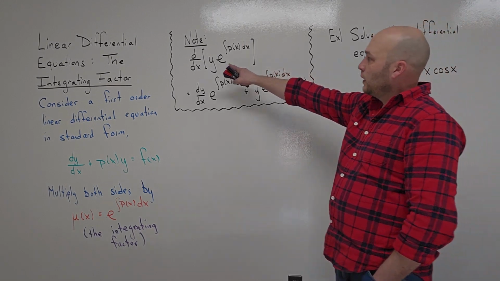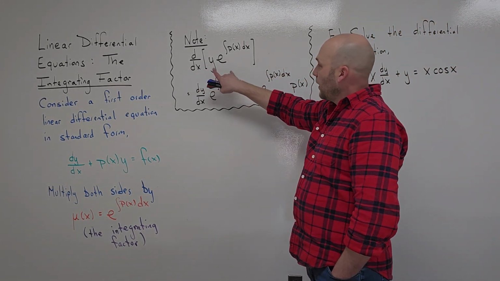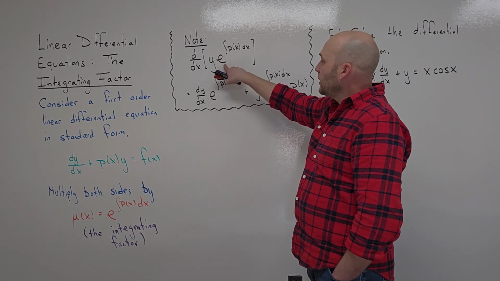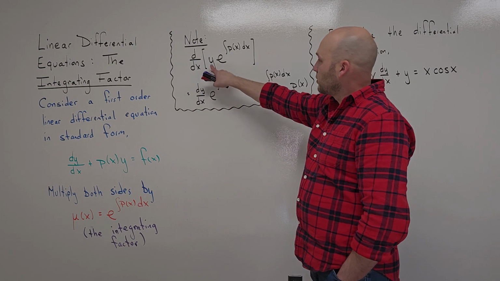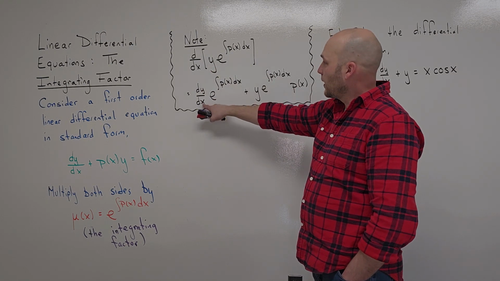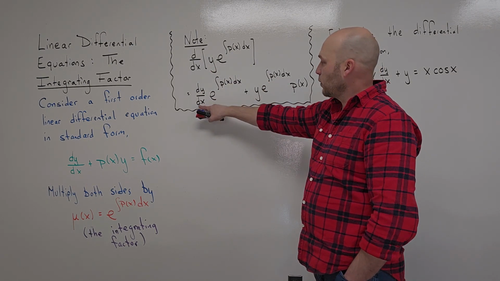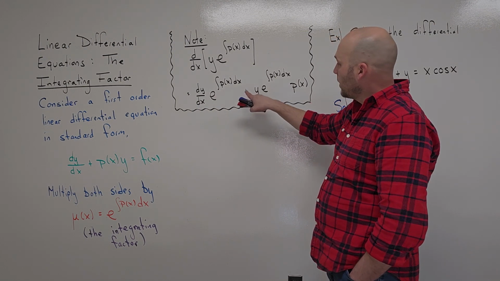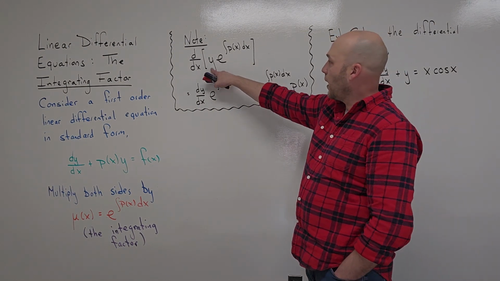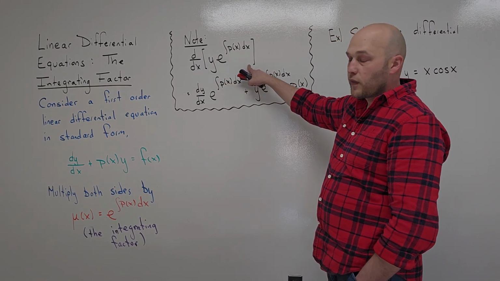If I differentiate the following product, y times e to the antiderivative of p of x dx, the product rule says: derivative of the first factor, so dy/dx, times the second factor, plus the first factor, y, times the derivative of the second factor.